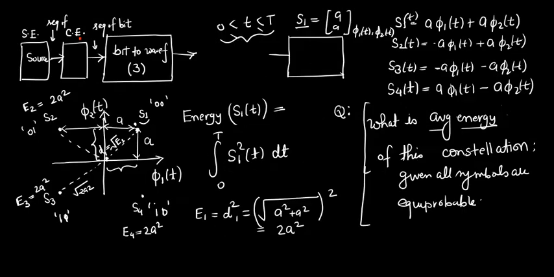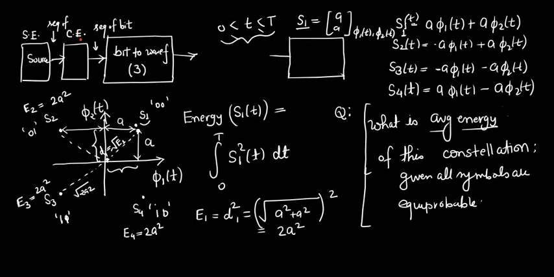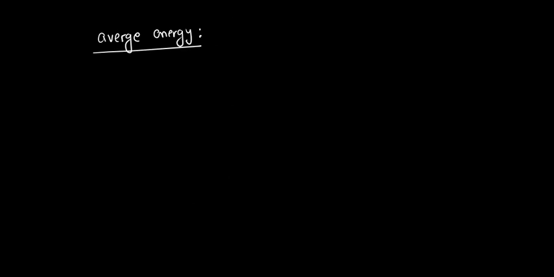So what we have seen is that whatever is the distance of this S1 vector, if S1T is a waveform, you can also write it in vector form, right? So in some books you can now write energy of ith constellation point. If you represent that by SI, it's vector norm.